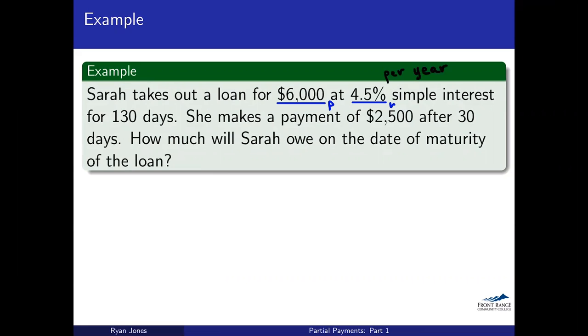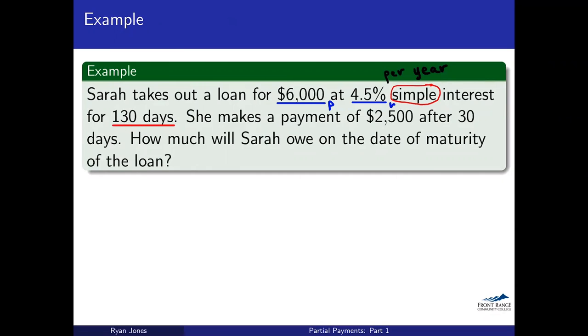If I don't say 4.5% per day or per month, we just assume that it's per year. We'll note simple interest right there. So it's simple interest. And the time of our loan is going to be 130 days. I'm not going to give that a variable, but I'll just underline it to call out to it there. Just something important to note. We have a 130-day loan.